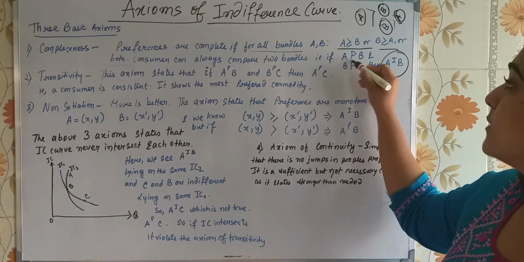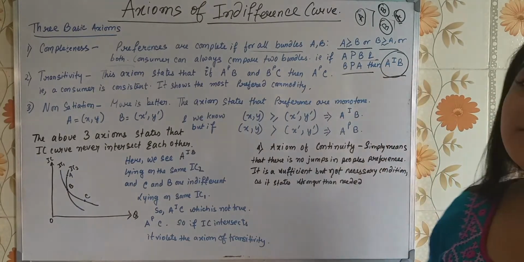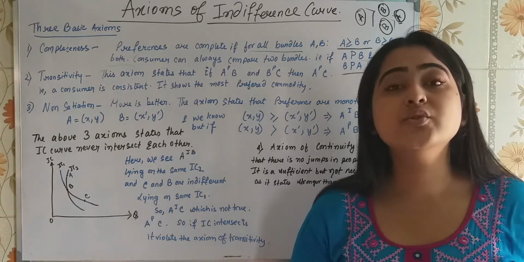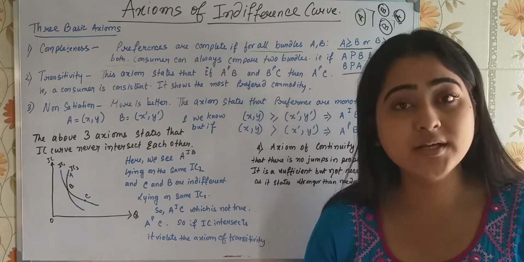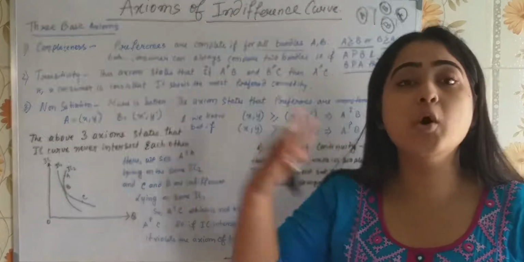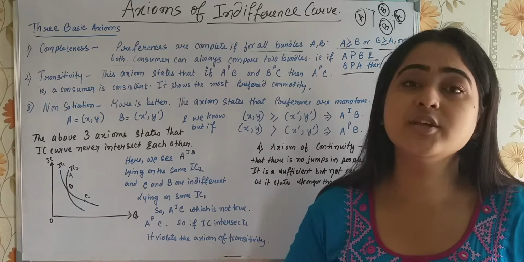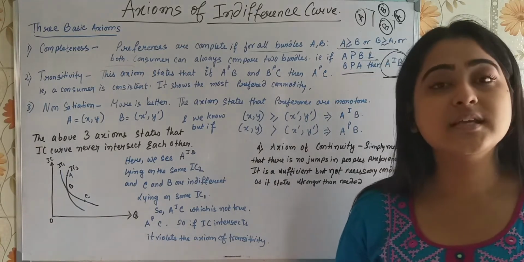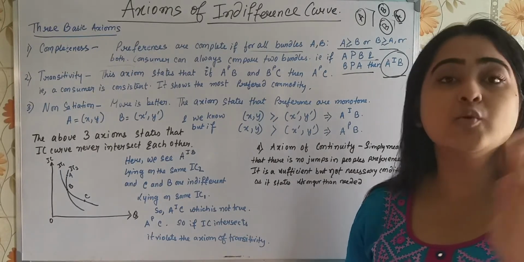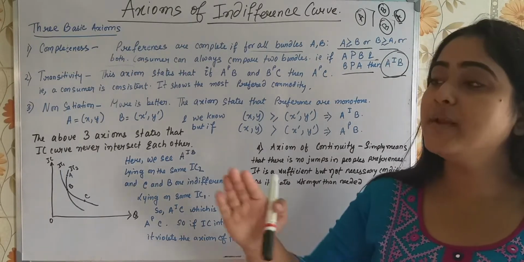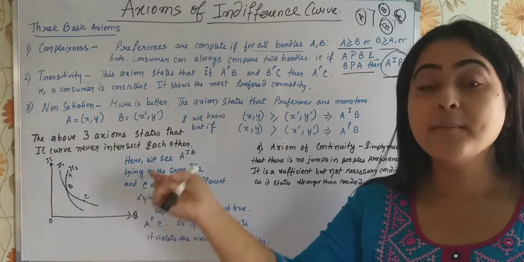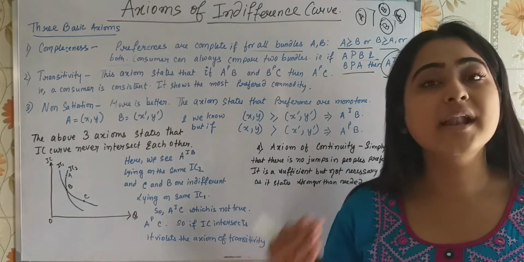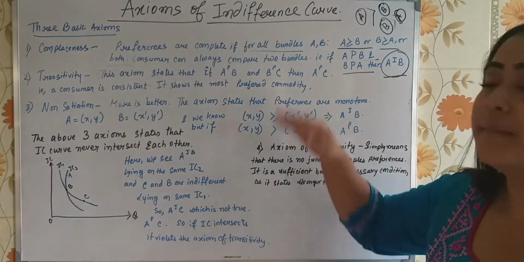If A is preferred to B and B is preferred to A, then A will be indifferent to B. So either you choose a particular bundle, or if you are choosing both bundles, then we will say you are indifferent between them. Got it? Either you say I prefer A to B, or I prefer B to A. But if you are saying both, that means you are indifferent between A and B. Got it? This is completeness.